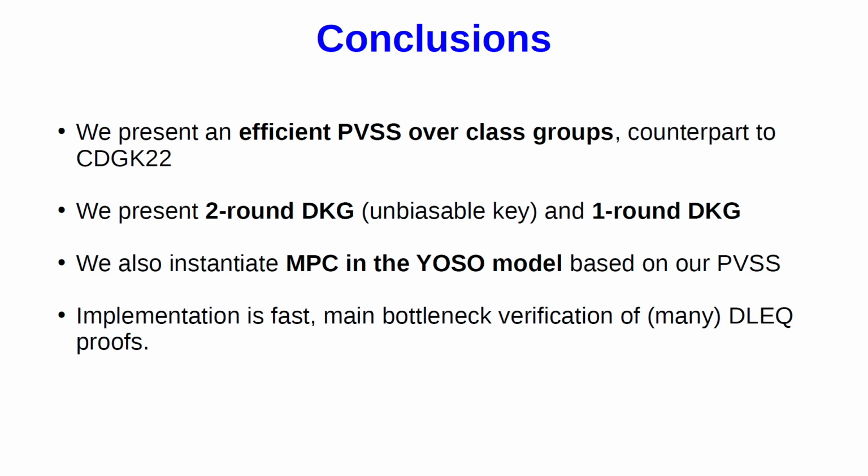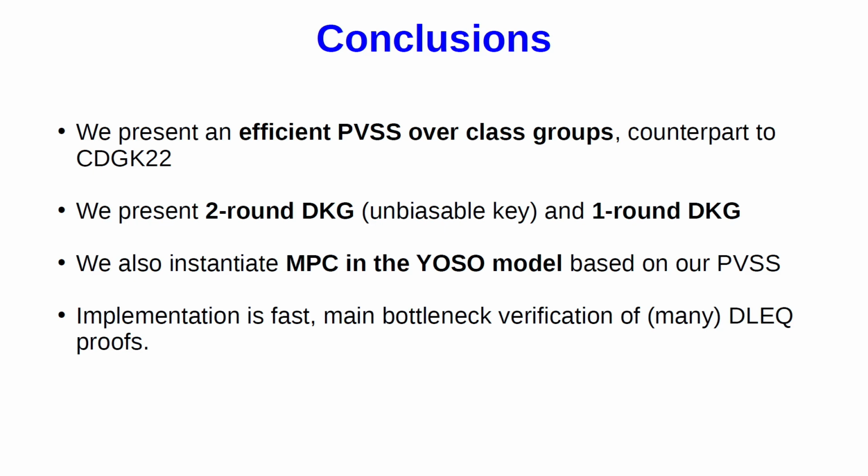And as conclusions, this is a bit repeating what I have just said, but we have presented the PVSS over class groups. That is based on our previous construction in Eurocrypt 22, but allows to recover field shares. We constructed 2-round and 1-round distributed key generation protocols from this.